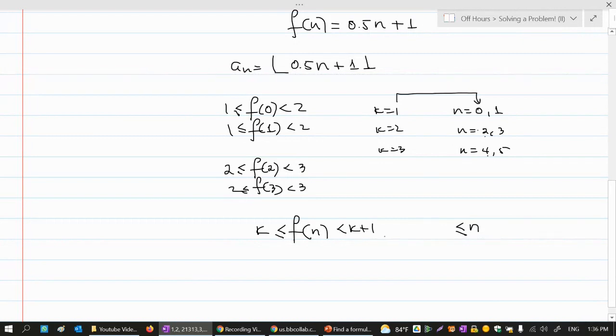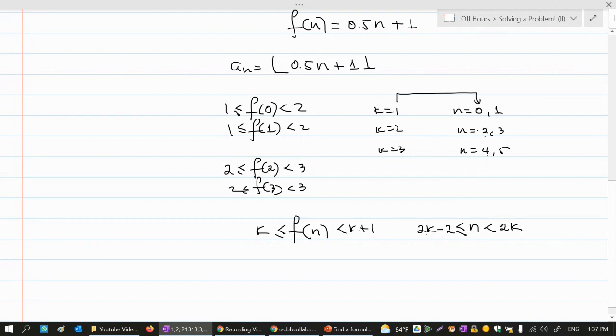So it is easy to find a pattern here: the smallest value of n must be 2 times k minus 2, to express it as a formula in terms of k. And then this is going to be less than what? Well, we have 2k minus 2 and 2k minus 1. Then the next number is 2k.